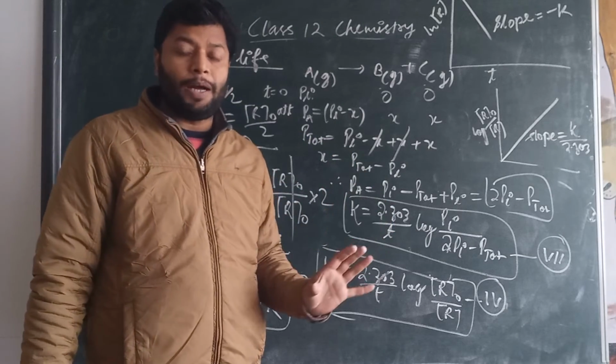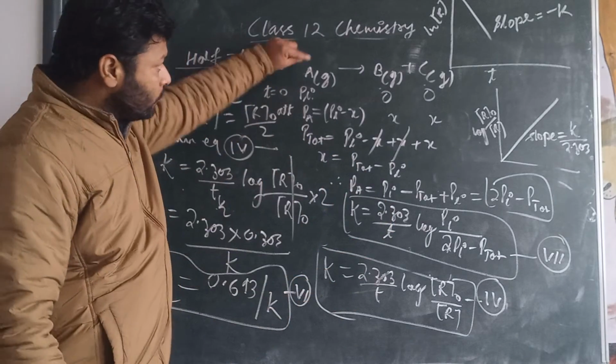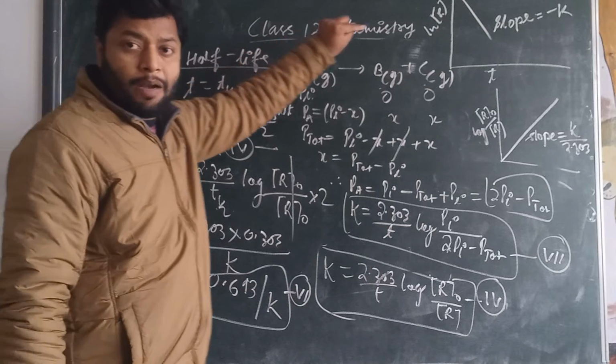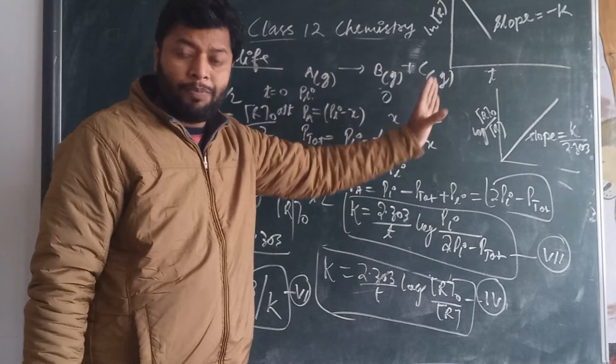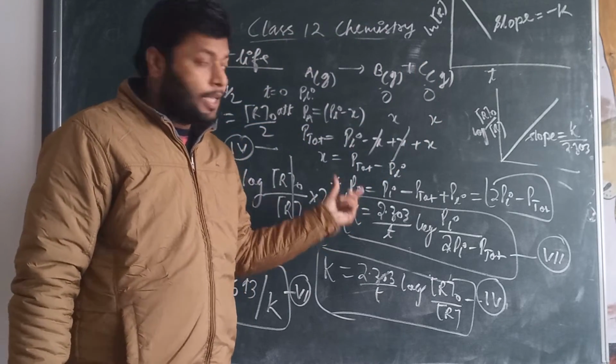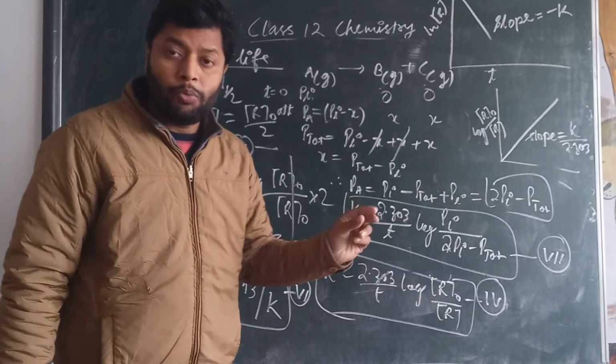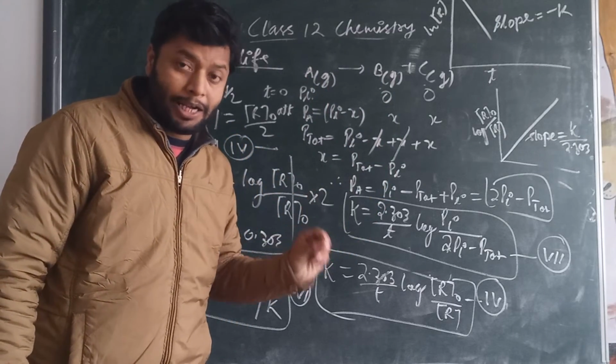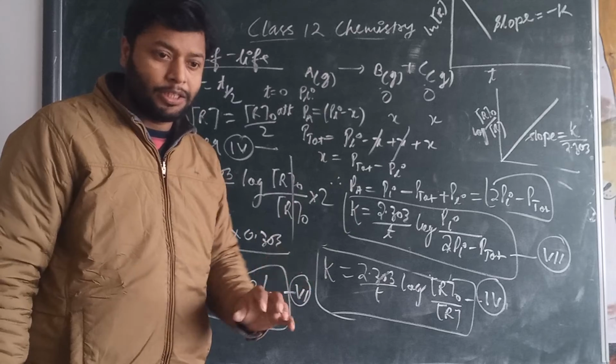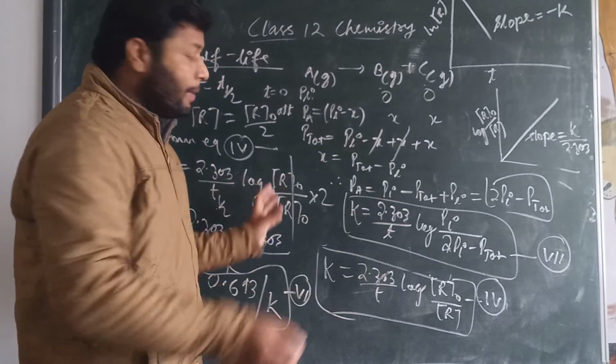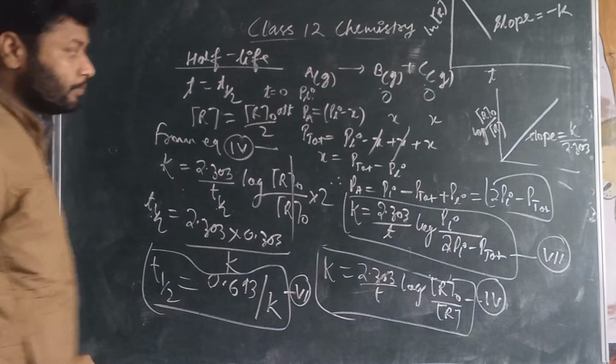But first learn it: if the coefficients of reactant and products are 1, 1, 1, then this will be the formula. If the coefficients change, we have to change the formula also. How? Let's discuss it. Okay, but first note this down.